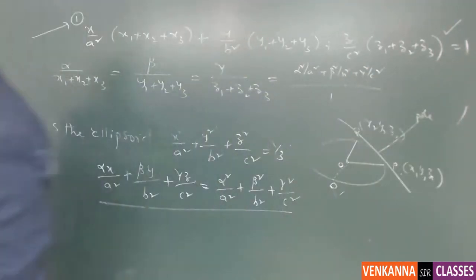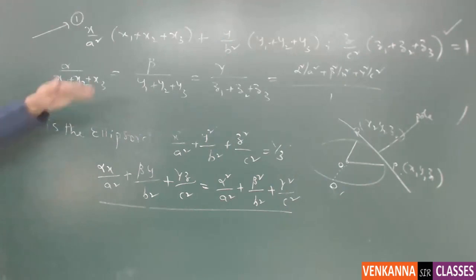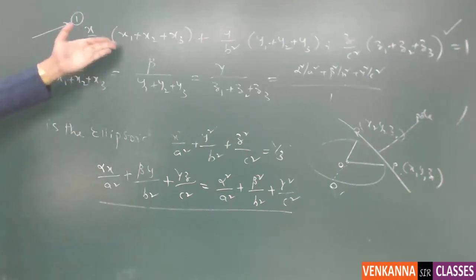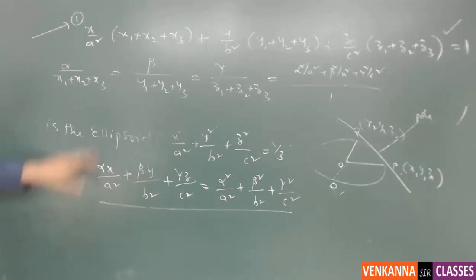In the previous problem also, I compared the coefficients of x by a square, y by b square, z by c square. On comparing the coefficients, I will get the required locus. Here also I am doing the same thing. I have considered the plane PQR. I have considered a tangent plane equation like this. For both the planes, I am comparing the respective coefficients.